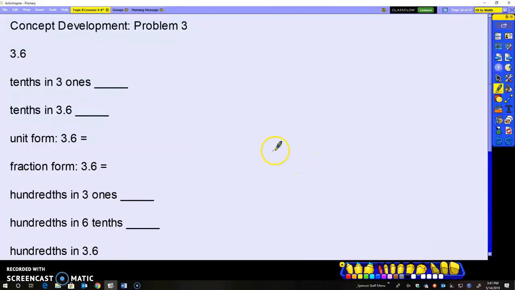Alright, so now we're going to go ahead and show 3 6/10 in a few different forms here. So if I'm at 3 6/10, if you need to sketch place value charts, you can. I'm not going to for this one. I'm going to kind of talk through my thinking here. So tenths in 3 ones. There are 30 tenths that equal 3 ones.